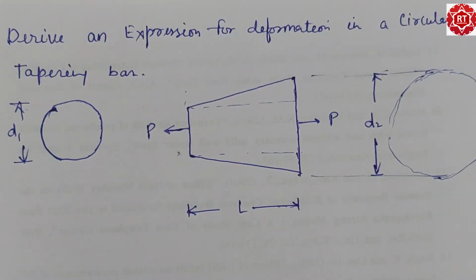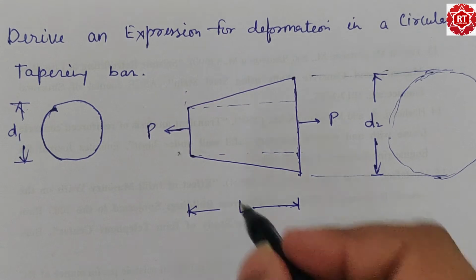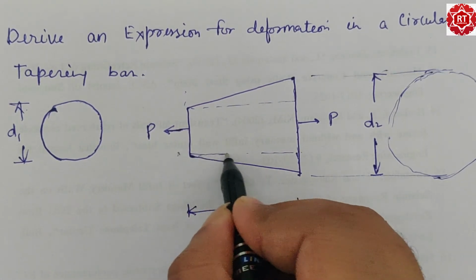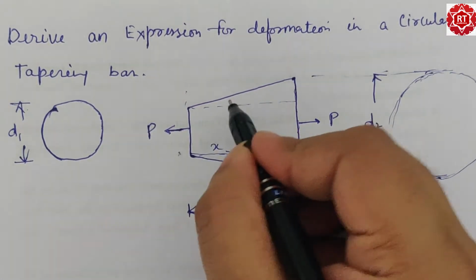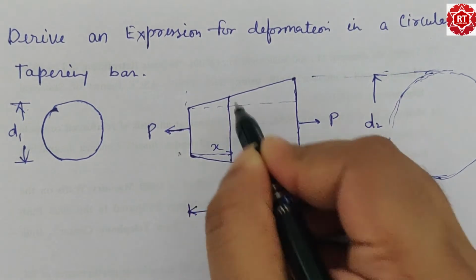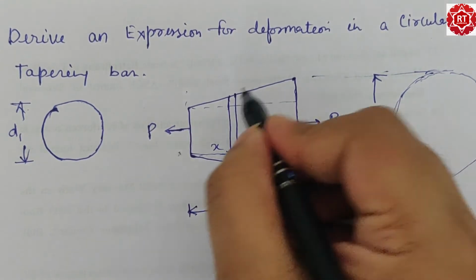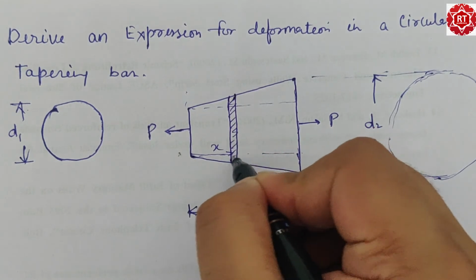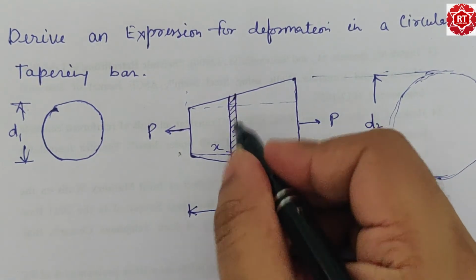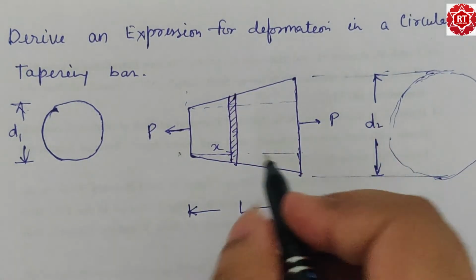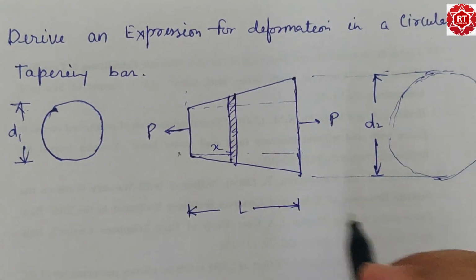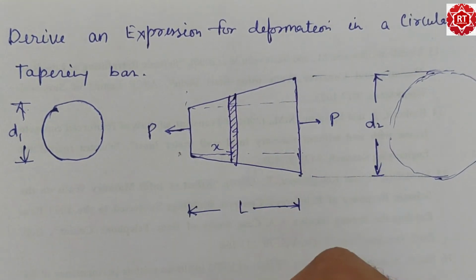So what we can do is, let's say at a distance x, I consider a very thin strip like this, write an expression for it, and integrate that expression to get the deformation of the whole body.